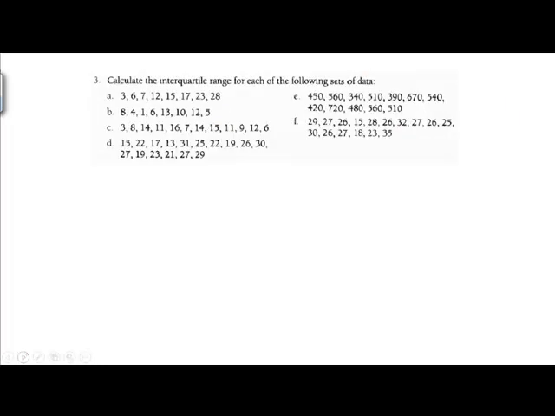3 is going to ask us to calculate the interquartile range for each of the following sets of data. And again, the interquartile range, we have a distribution. The interquartile range is the middle 50%. So we need to find what is the 25th percentile and what is the 75th percentile. And then we're going to subtract those two. Your book gives the equation as, let me write it over here.